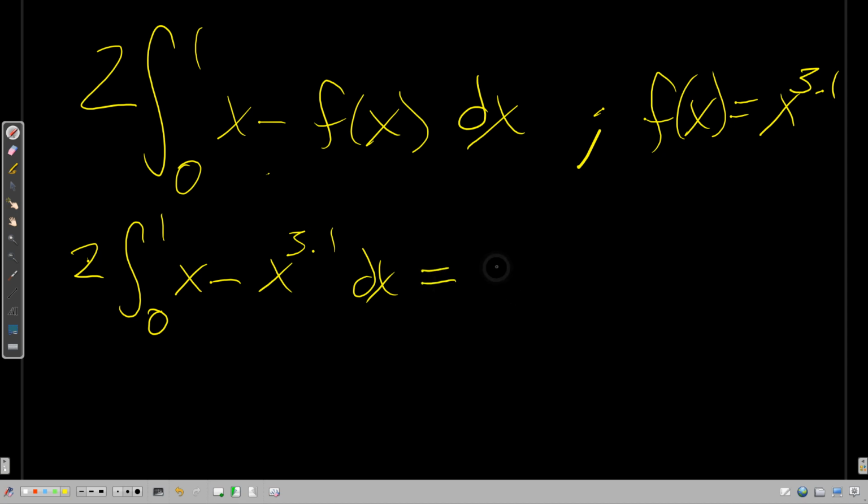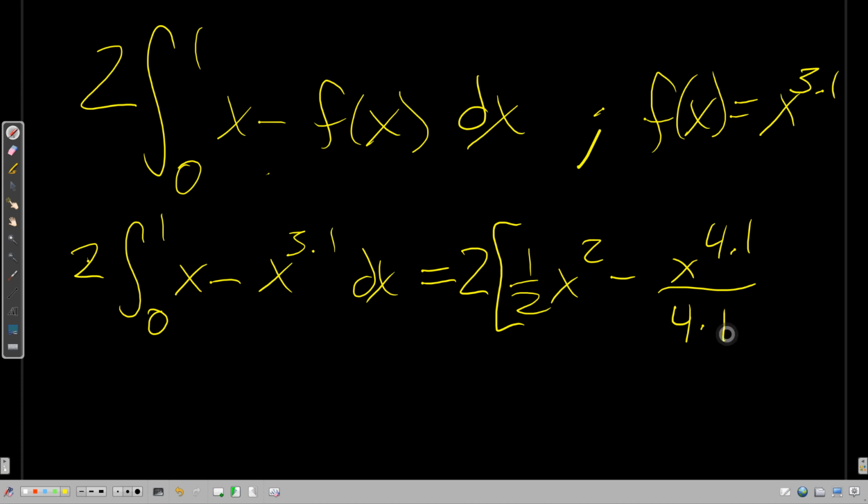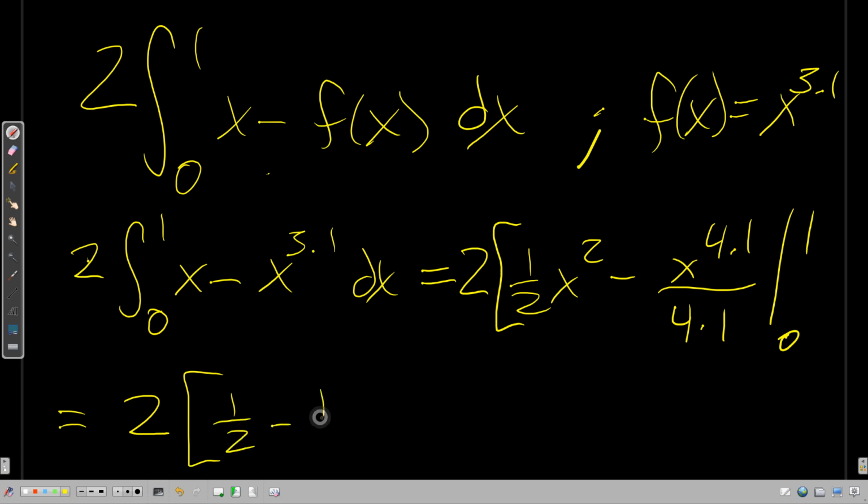dx. And if you can add 1 to those exponents, then you know the antiderivative. So that would be 1/2 x squared minus x to the 4.1 over 4.1 evaluated between 0 and 1. And we are ever so lucky here to have just what looks like polynomials, because when we drop in the 0, those terms are gone. So this would be equal to 2 times 1/2 minus 1 over 4.1.